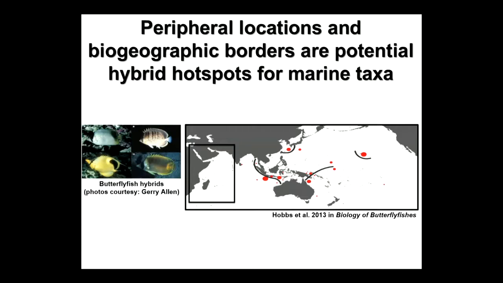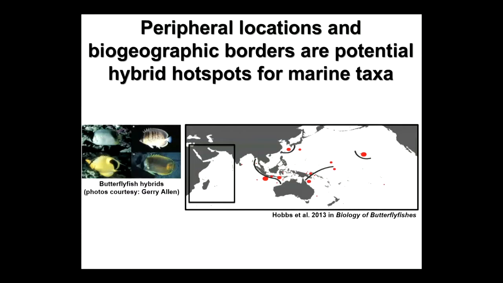These are particularly conspicuous fishes, and it's easy to spot hybrids for this group. They noticed that these hybrid hotspots really do show up along the edges of these biogeographic borders, where two biogeographic provinces meet and you get mingling of the two different fauna. He's found hybrid hotspots in the eastern Indian Ocean, Indonesia, the GBR, Japan, and up in Hawaii.